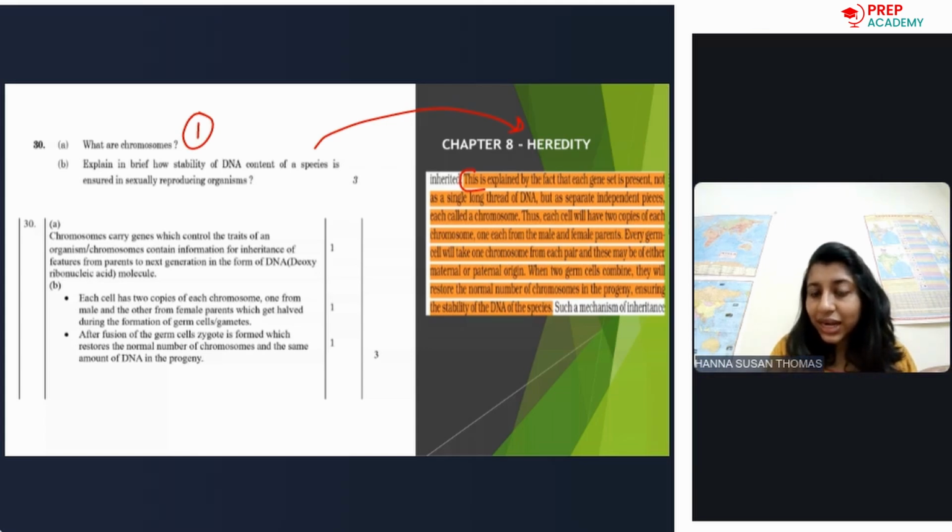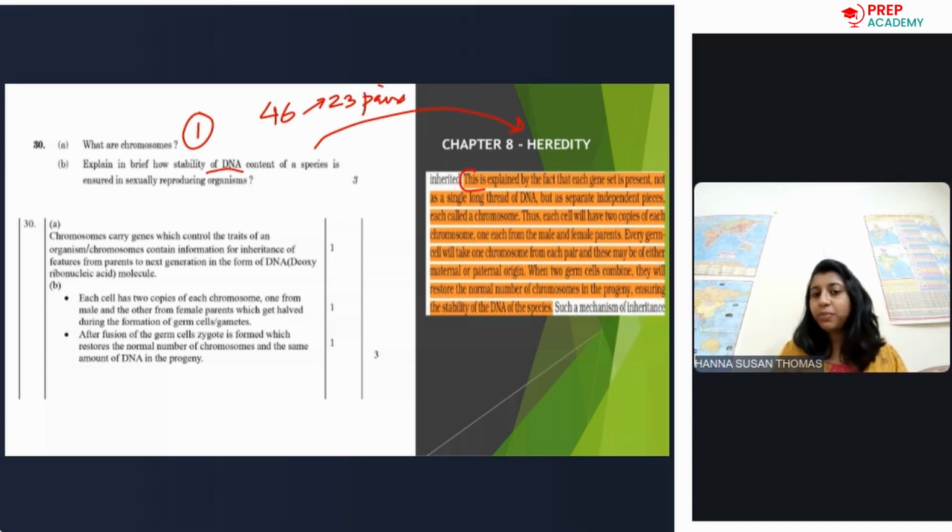This is directly given in your reader or textbook. We have to explain in brief how stability of DNA content of a species is ensured in sexually reproducing organisms. It's simple because we know that we have 46 chromosomes, right? That means 23 pairs of chromosomes. In human beings, 23 pairs of chromosomes are there.